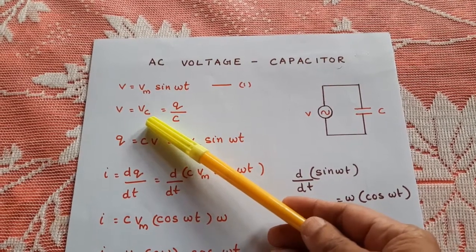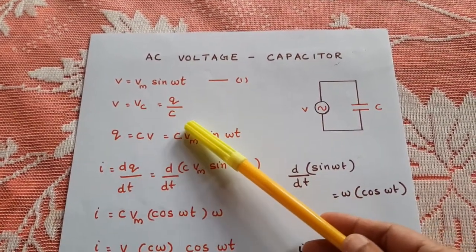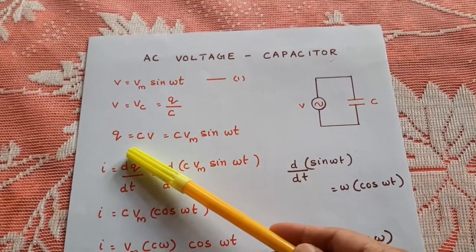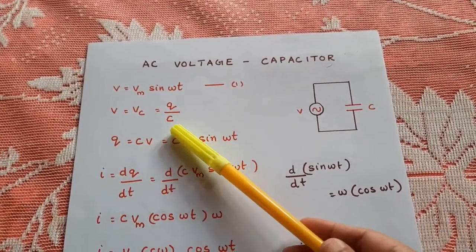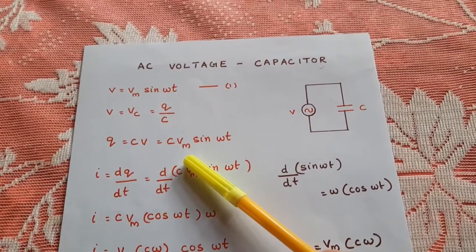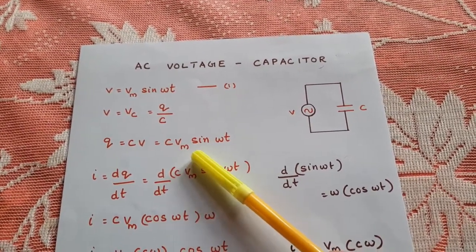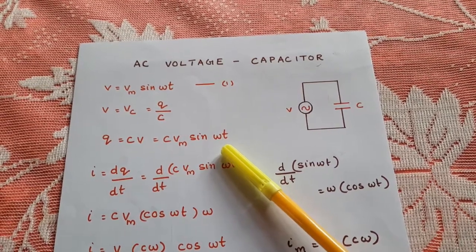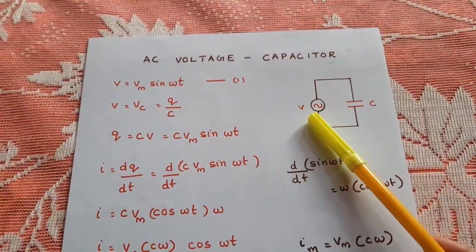But voltage across a capacitor is given by Q by C. Therefore, charge Q is given by Cv, which is equal to Cvm sin omega t. Let us find the current through the circuit.